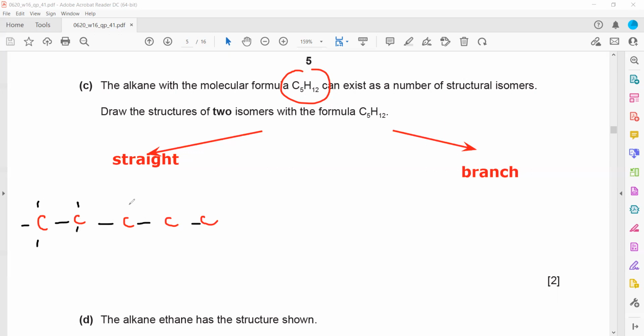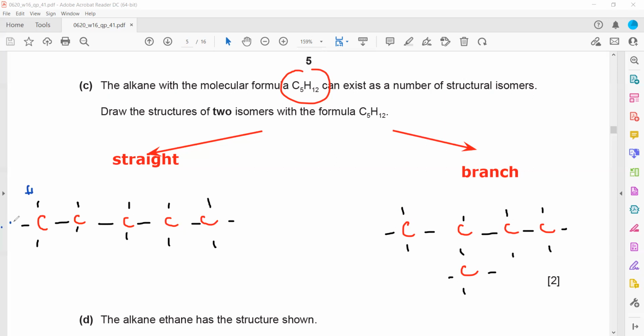You can put it up or down, it does not make a difference to the structure. So this will have 3 hydrogens, then 2 hydrogens, 2 hydrogens, 2 hydrogens, and 3 hydrogens. And the other one will have 3 hydrogens, 2 hydrogens, 1 hydrogen.